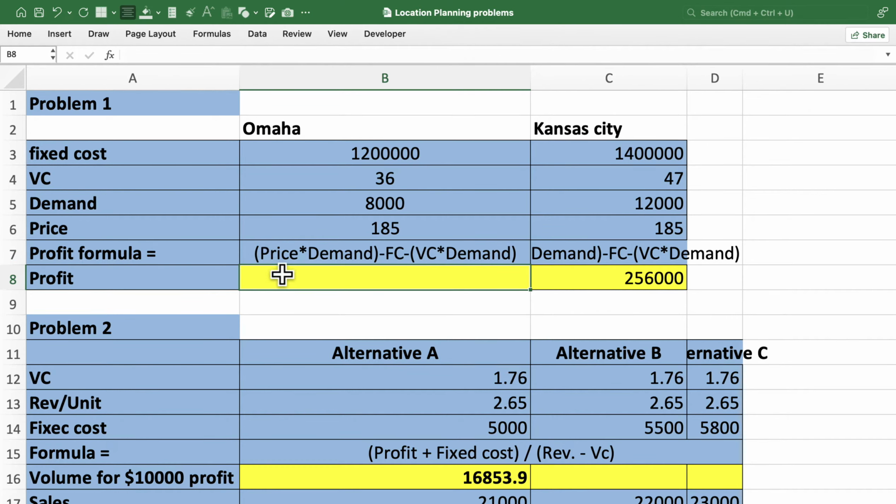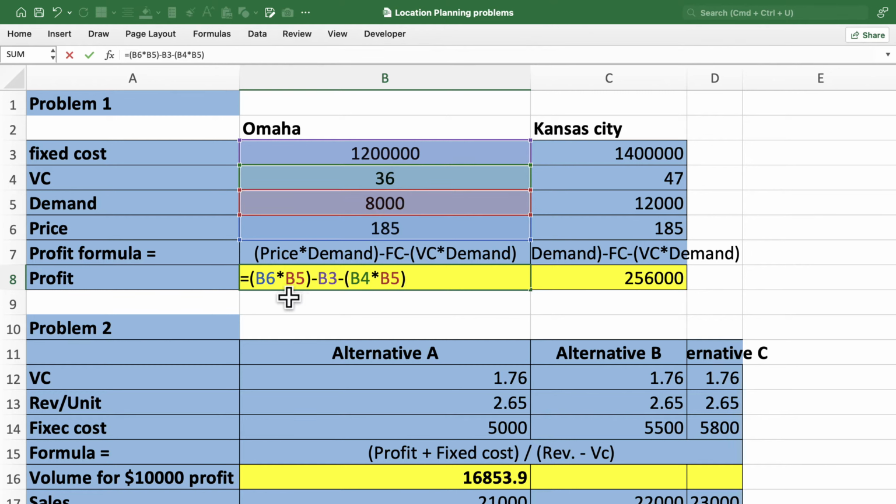First thing is price. This is our price, 185, multiplied by demand 8,000, and let me put it in parentheses because I want to highlight it as one separate entity which represents revenue. So this part represents revenue, minus fixed cost, which is 1.2 million, minus variable cost, and for variable cost, per unit cost is 36, and that is multiplied by demand.